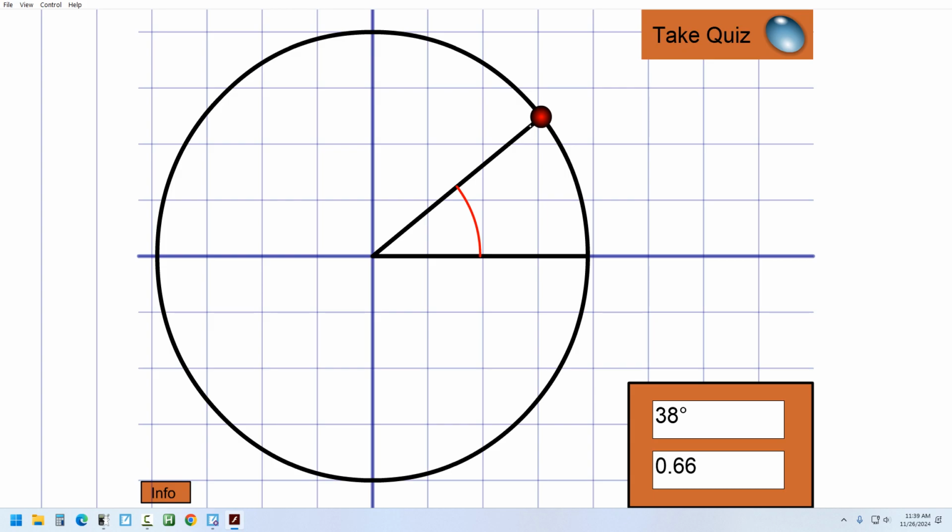And one thought somebody had was maybe this bottom number is measuring how much of the circumference we've traveled. And I said, well, I'm not sure about the units on my grid lines. If each one of these grid lines is 1 unit, so 1, 2, 3, 4, if that's a circle with radius of 4, then no, this number is not how much of the circle I've traced.